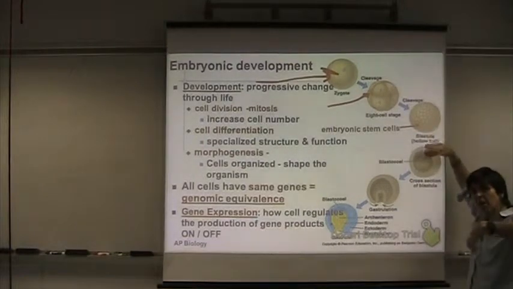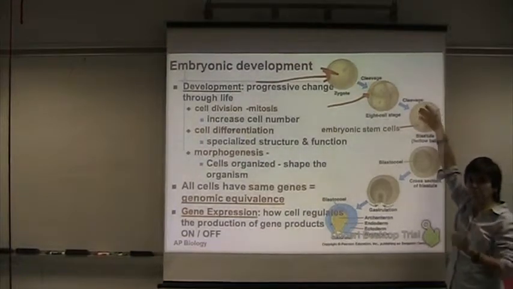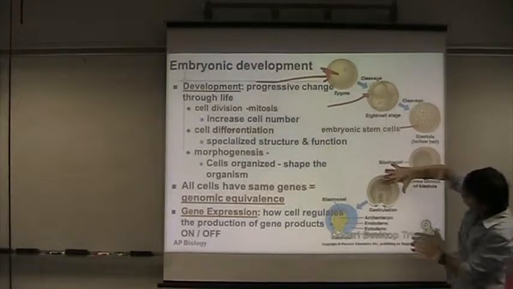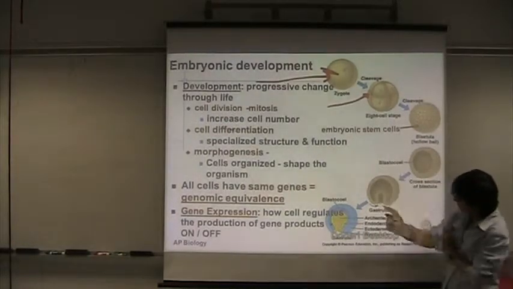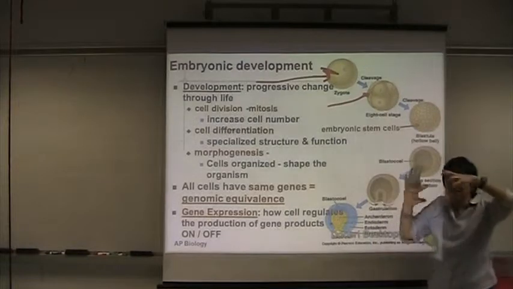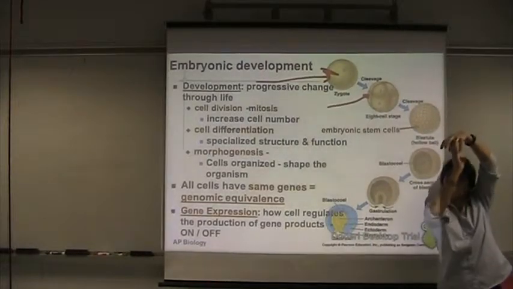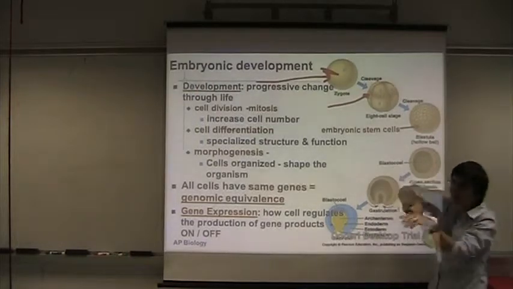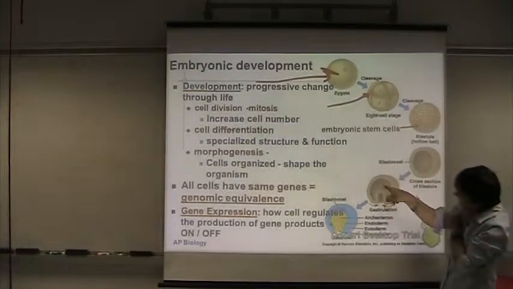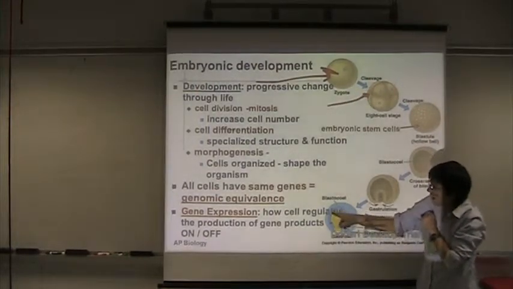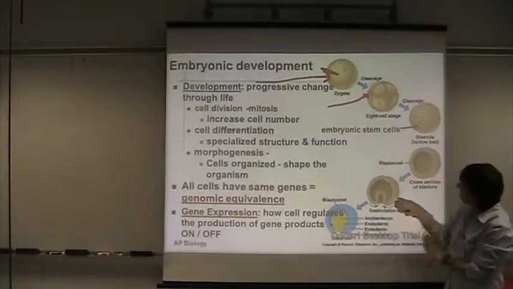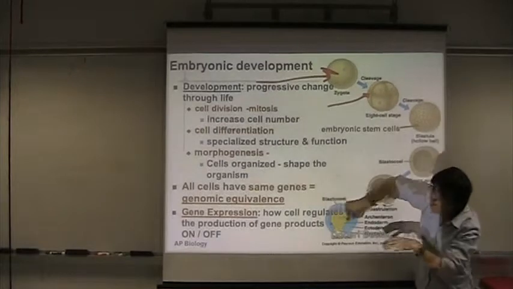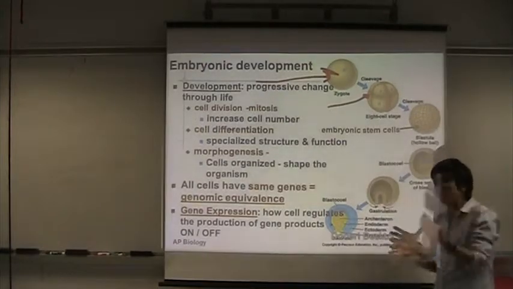If development of this blastocyst or blastula continues, notice that the ball of cells starts folding. Imagine a balloon, and you stick part of the balloon inside. Cells start occupying this space inside, and instead of just having cells around the outside, you have multiple layers of cells.